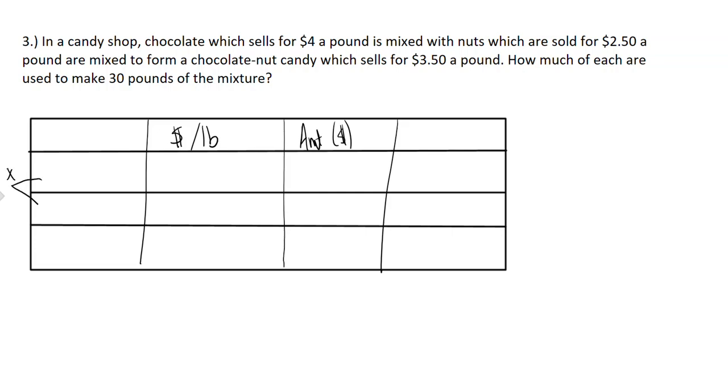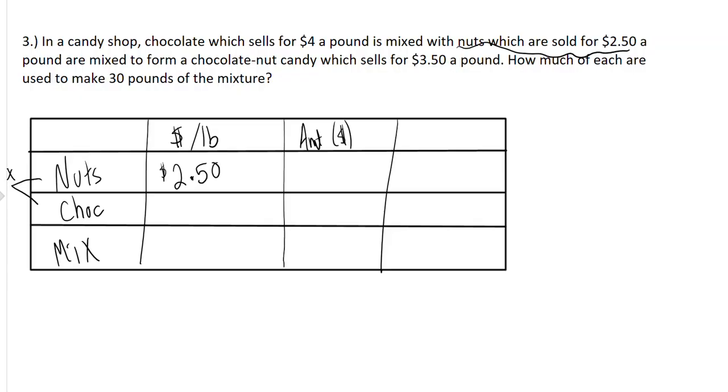What are we adding into this bag? We're adding nuts and we're adding chocolate, and it's going to make us a mix. How much was the nuts? The nuts were $2.50. So maybe I had that a little backwards, depending on what kind of chocolate.